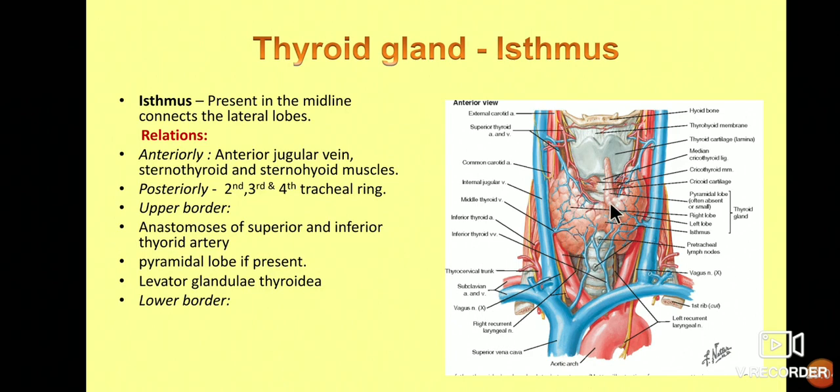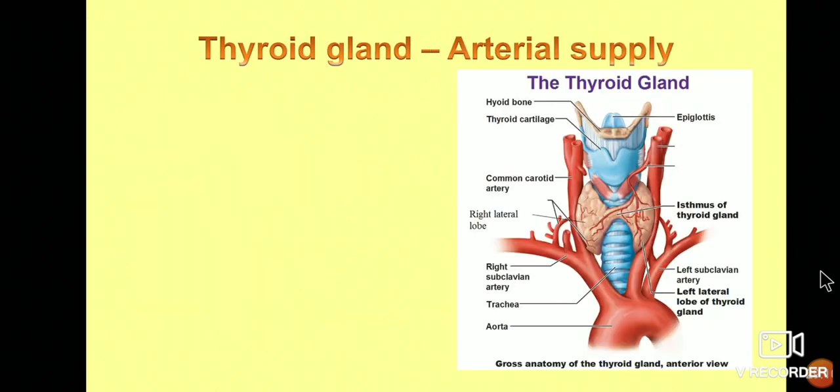We have discussed the isthmus, its relations, borders and surfaces. Now coming to the arterial supply, the blood supply of the thyroid gland, it is mainly supplied by the superior thyroid artery and the inferior thyroid artery.